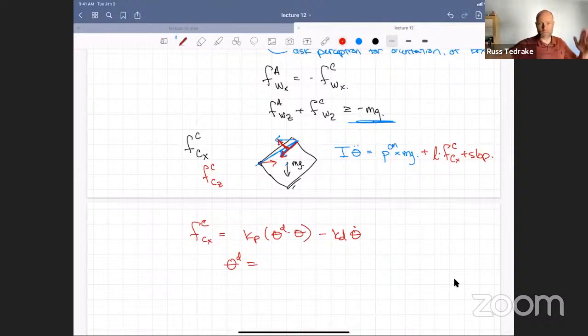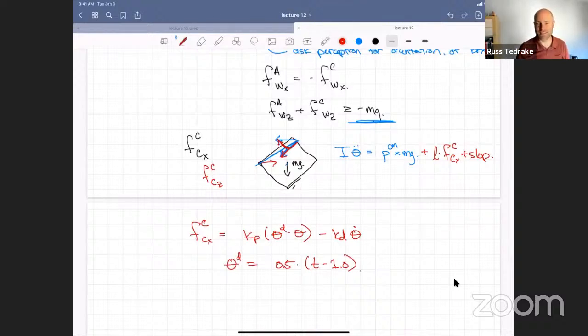I'm going to go straight, apply constant force for the first 1 second, and then start setting theta d to be moving up. I think I did 0.5 times (time minus 1). So I started at time 1, and then I just started moving theta up.